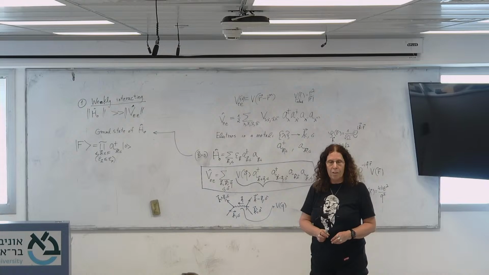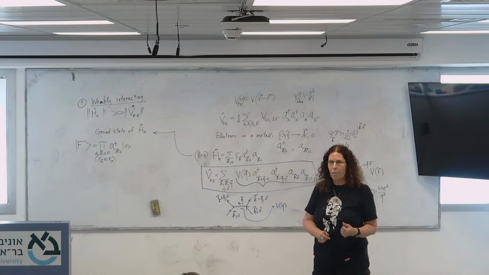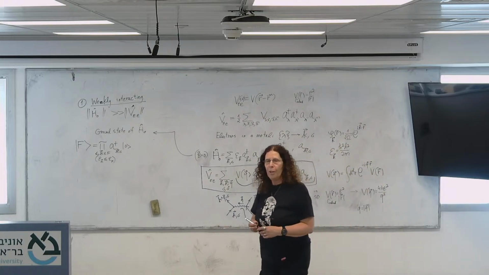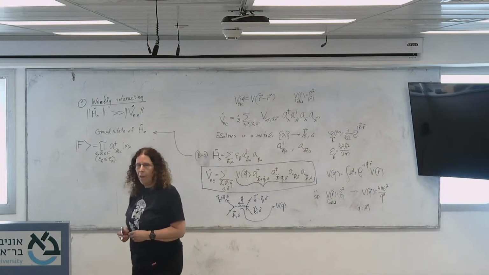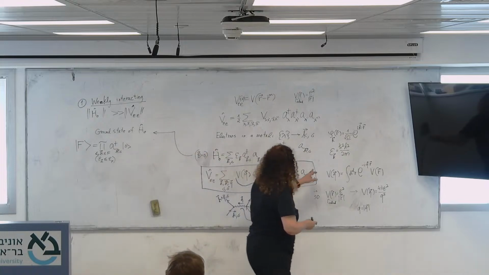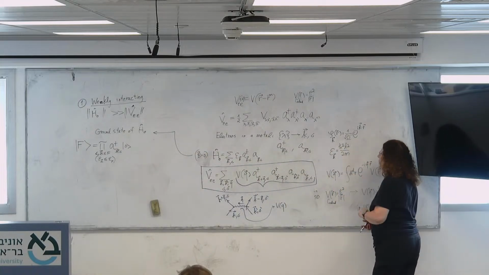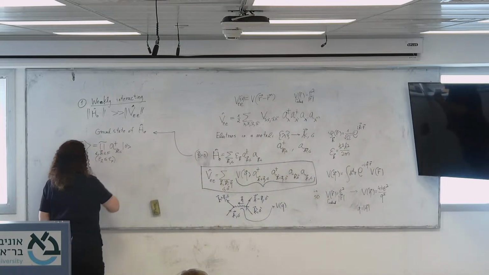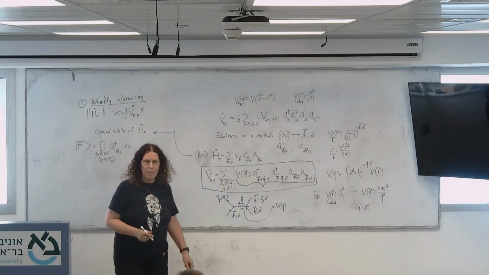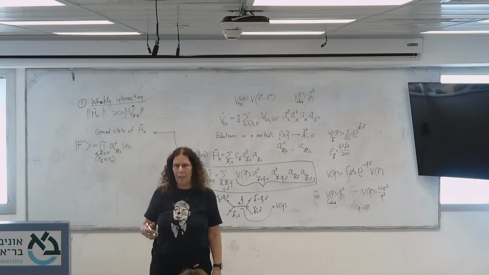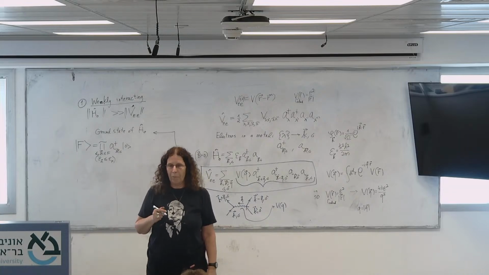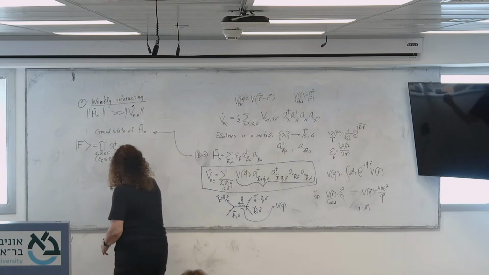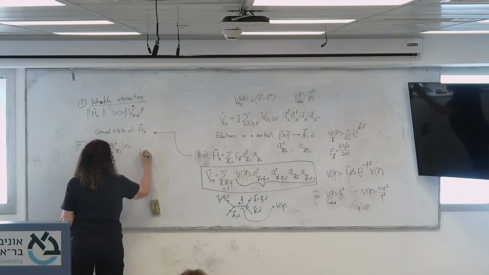So k is a 3-dimensional vector, and there's a continuum of k states because we are in infinite space. And the energies are given by this kinetic energy. And all the k's that appear in this ground state are the occupied states whose energy is smaller than E Fermi.